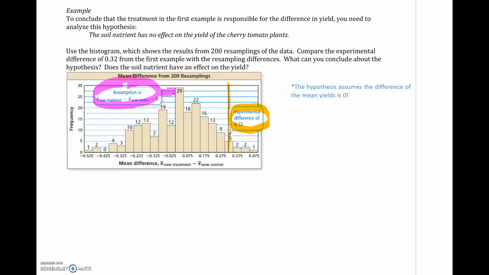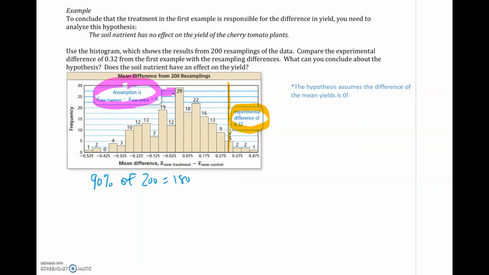So if we think about this, we have a resampling size of 200. So if I'm thinking about the bulk of the data, let's say 90% of the data, 90% of 200 is 180, right? 0.9 times 200 is 180.